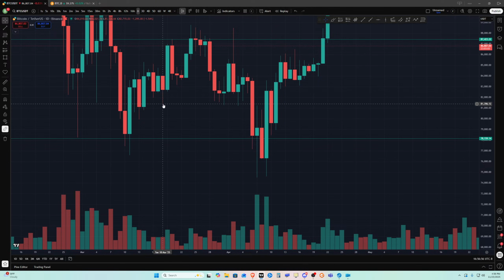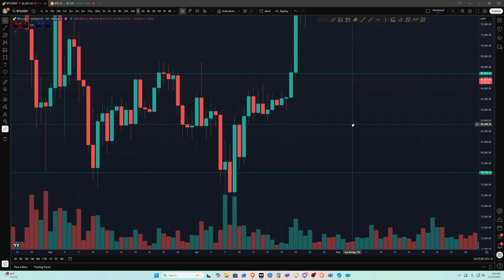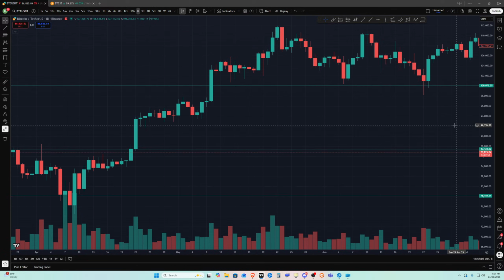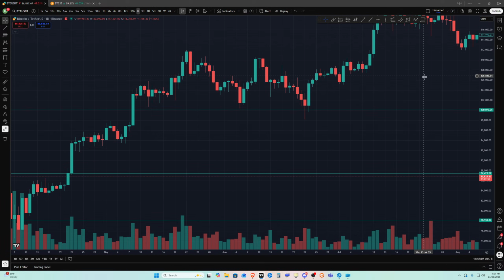So pay attention to the wicks and the opens and the closes, okay? And try and study and see what the market is telling you about each of those 4 price ranges within every given candle.